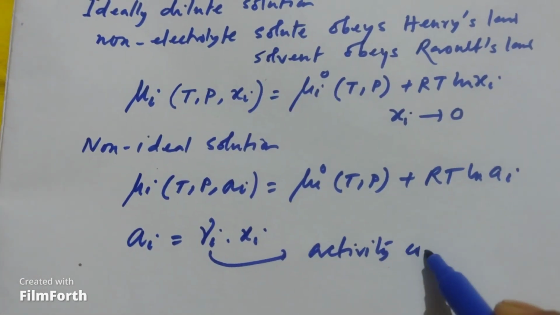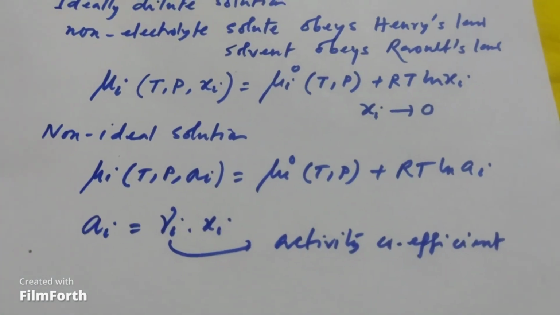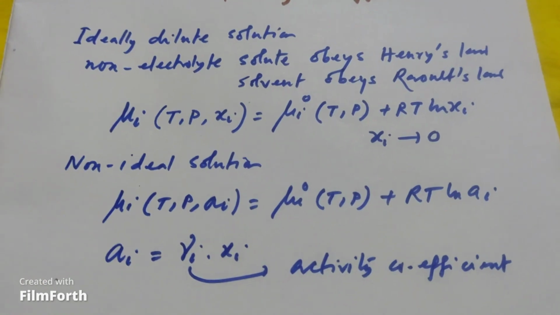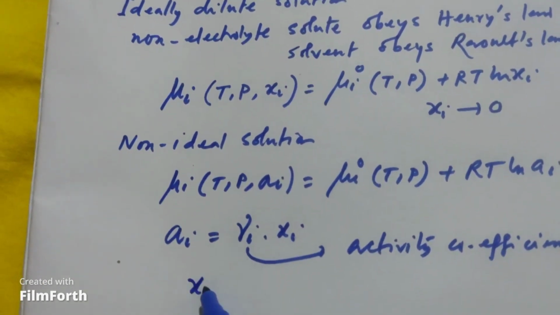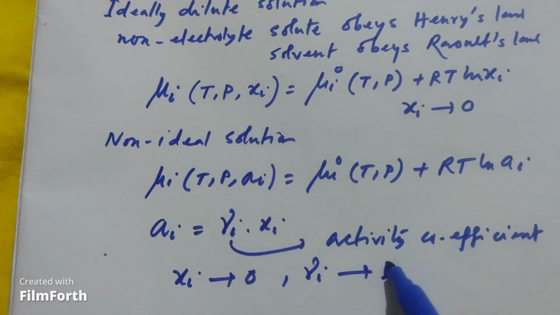The activity coefficient is a measurement of the non-ideality of the solution. Now, in the vicinity of xi tends to 0, gamma i tends to 1.